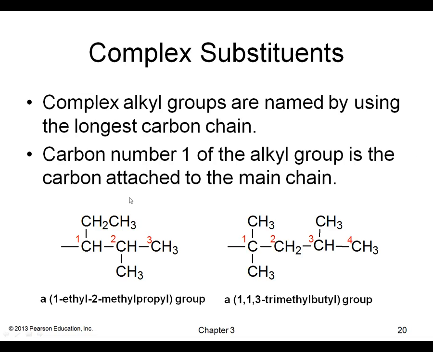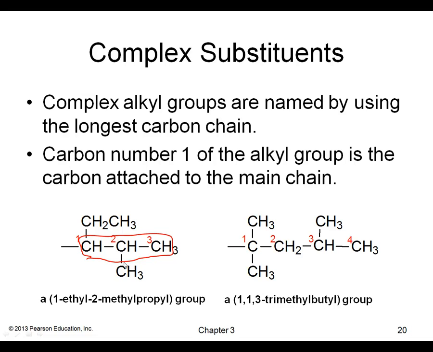Complex substituents, these are a little bit tricky, but they're not too bad. If I had this whole group here attached to the parent chain, how would I name this as an alkyl group? What I do is I look at the longest chain in this branch, which is a 3-carbon chain, because this is where it's attached to the parent chain, so I don't go up here.